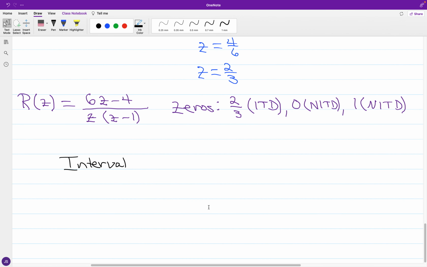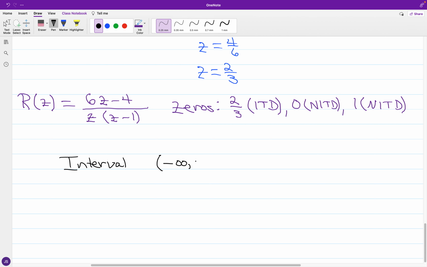So with the first interval section, now these values can be squeezed rather tightly together. For 2/3, 0, and 1, the smallest of the zeros is going to be 0 itself.